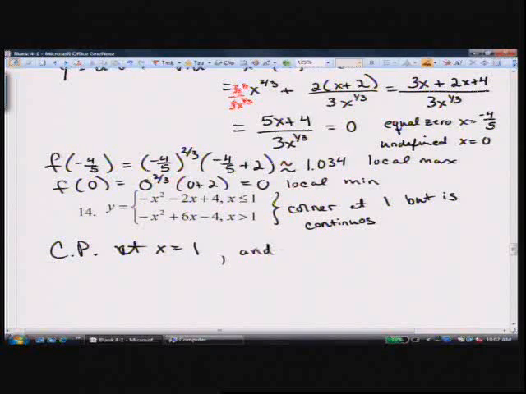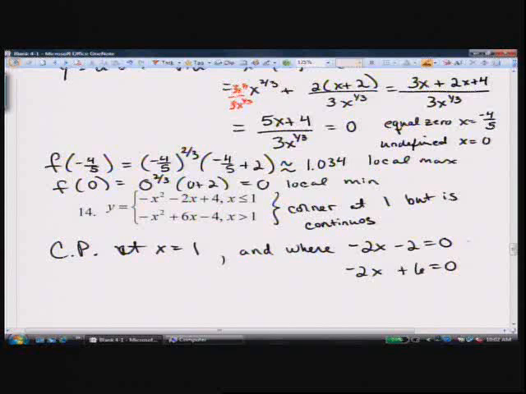So where each of these derivatives, -2x minus 2 equals 0, and where -2x plus 6 equals 0. And so this is going to be x equals -1, and then this one's going to be x equals positive 3. Okay?